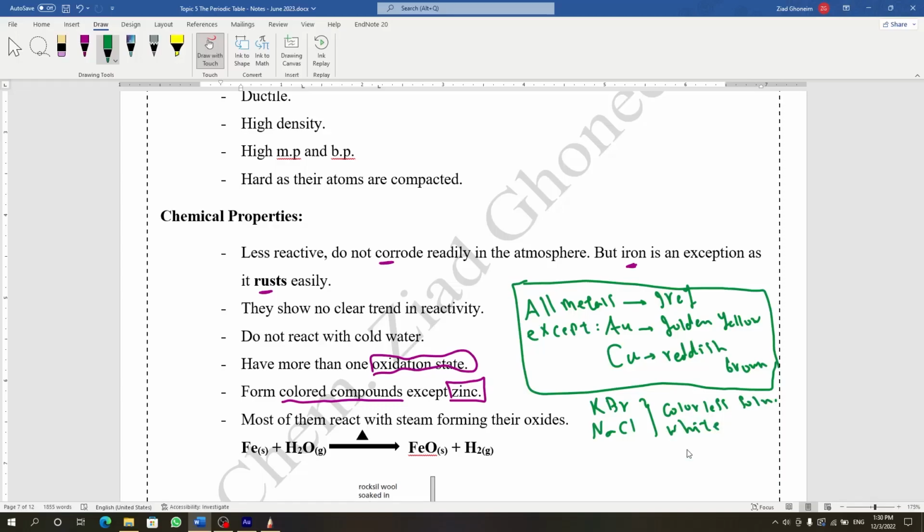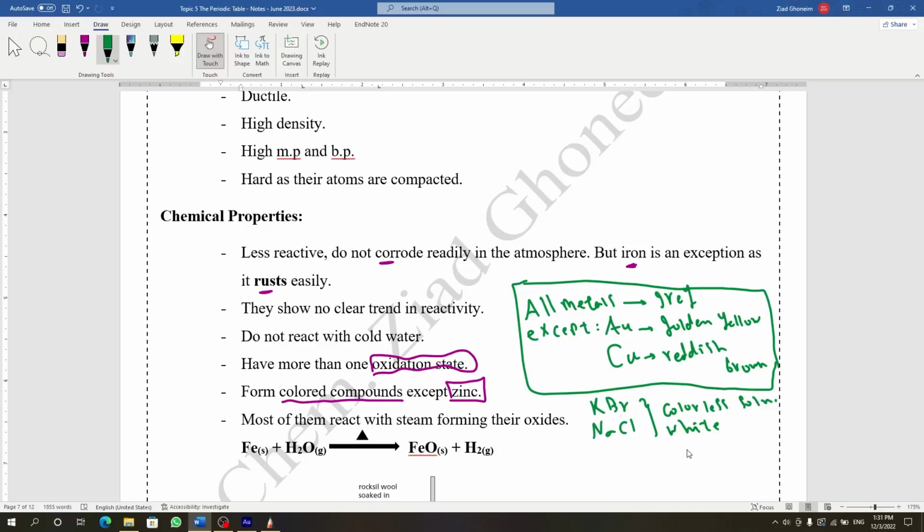Black is a color, yellow is a color, red is a color, white is not considered a color. So, alkali metal compounds are white and they form colorless solutions. So if you're ever asked about the color of potassium iodide solution, it's colorless. Potassium iodide as a solid is white.